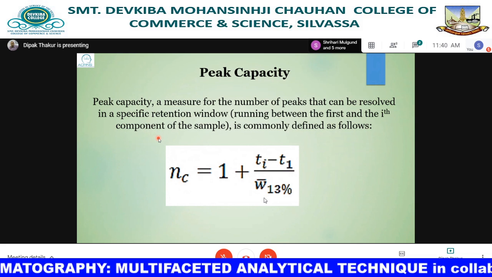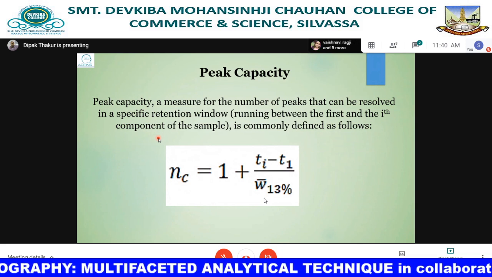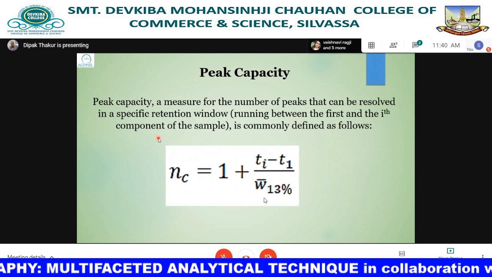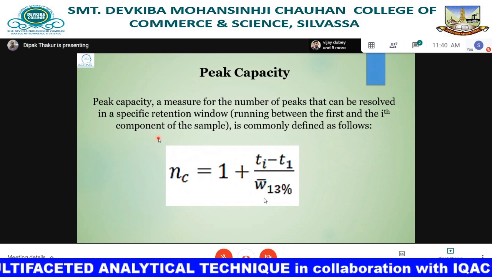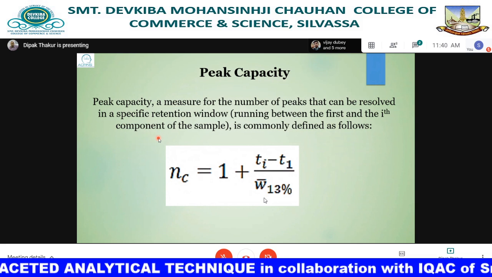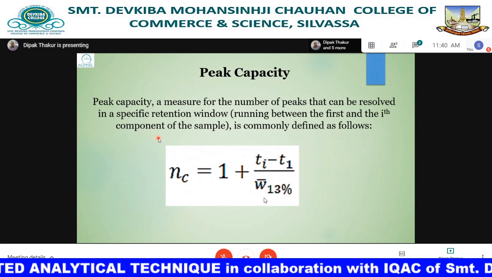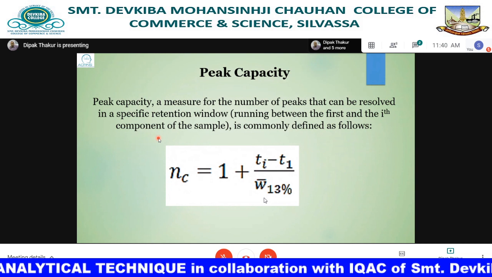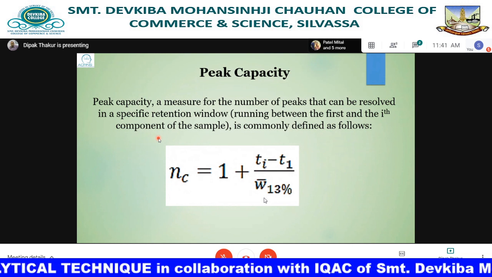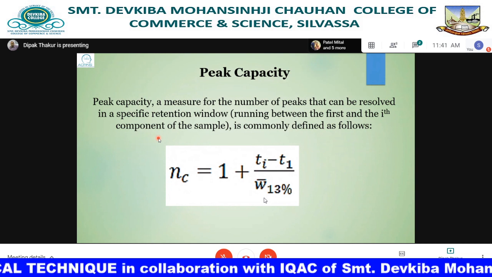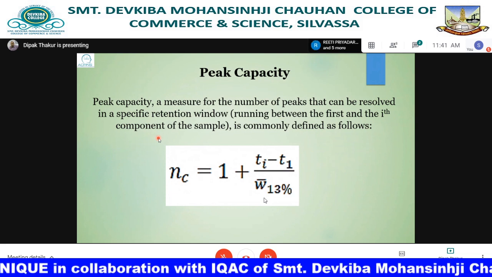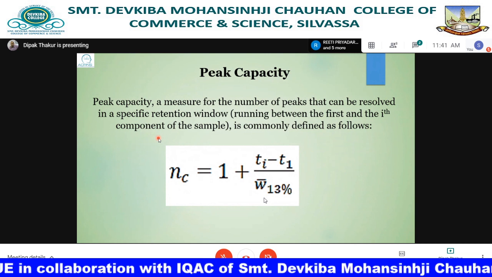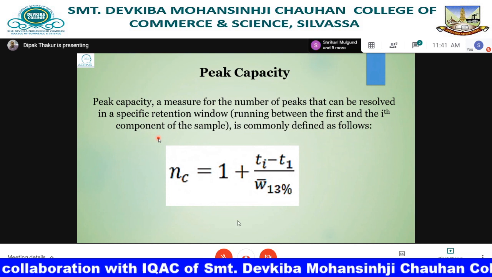And if you can separate 2000 peaks, under each peak you may have multiple compounds, and mass spectrometry has the capability to separate thousands of compounds. So multiply 2000 by another 1000 or 2000. Think about how many compounds you can analyze using nano LC connected to mass spectrometry. I hope you are getting what I'm talking about.